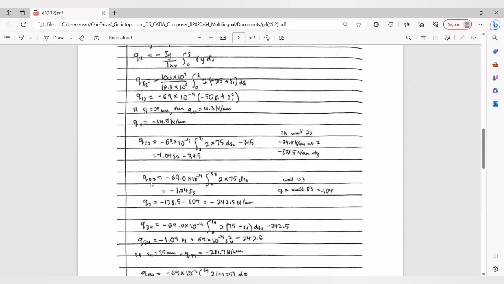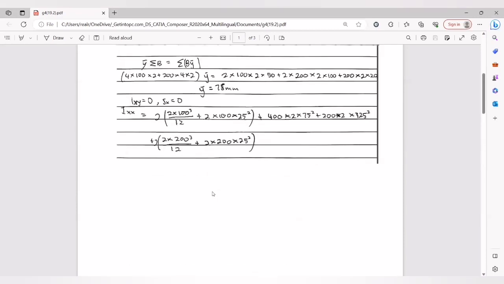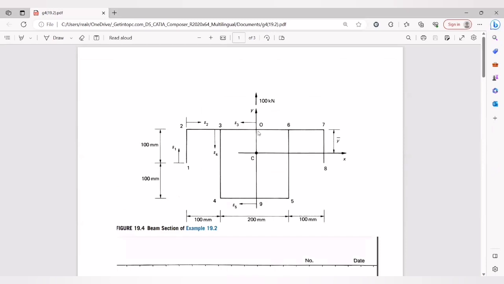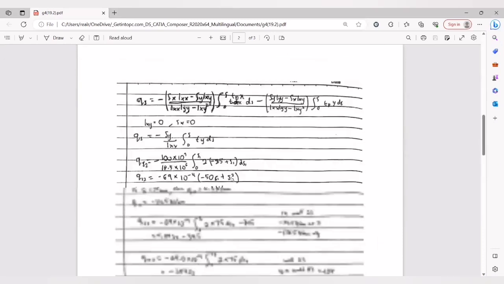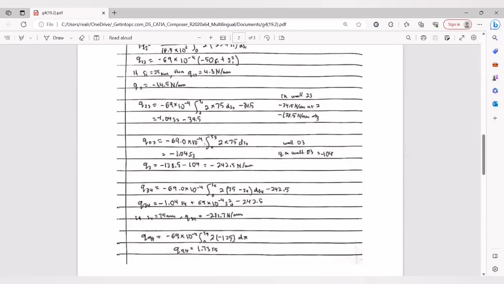We need to calculate Q from point 0 to point 3. So we calculate using the general equation. They will simplify, and 2 is the thickness, and then 75 is the 75 above the center of the whole system.